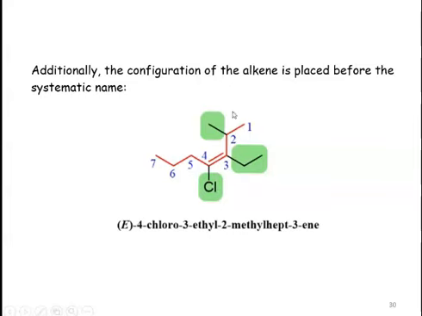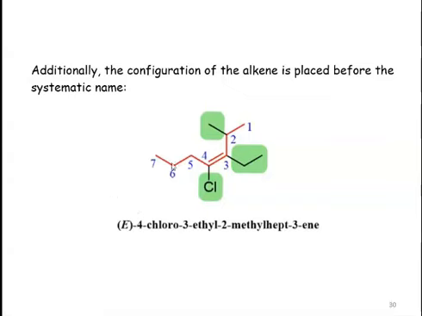High priority, low priority, low priority. See here, the high priority bearing functional groups are lying opposite to each other, hence the term E. And this E is denoted by capital E, and it is placed within a round bracket only. Kindly do not draw any other type of bracket.